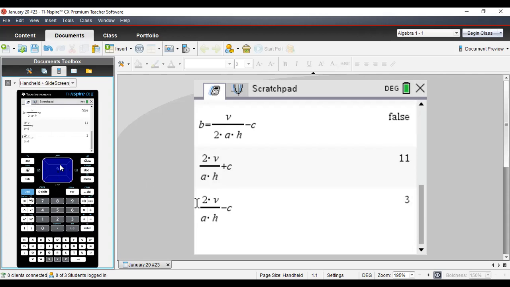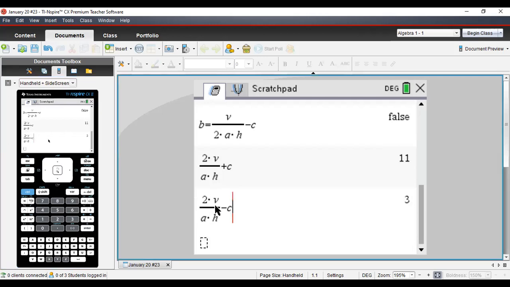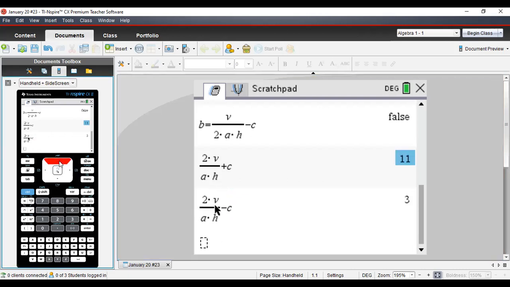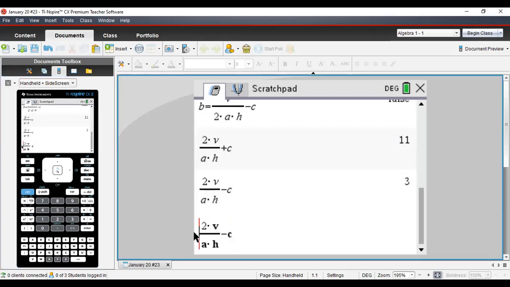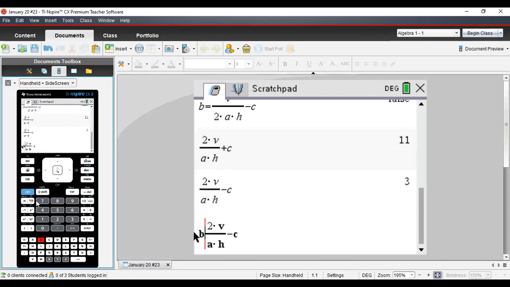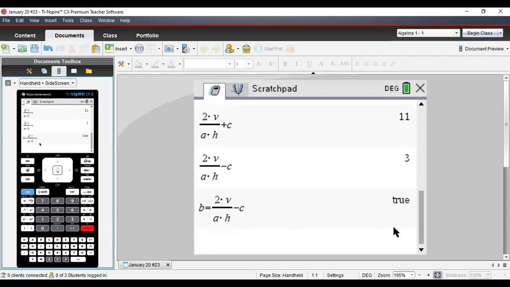So I could copy this, and then instead, I can make this B equals B, just like I did on the first 2. And now I should get a true statement. And I do. So basically, these are the same.